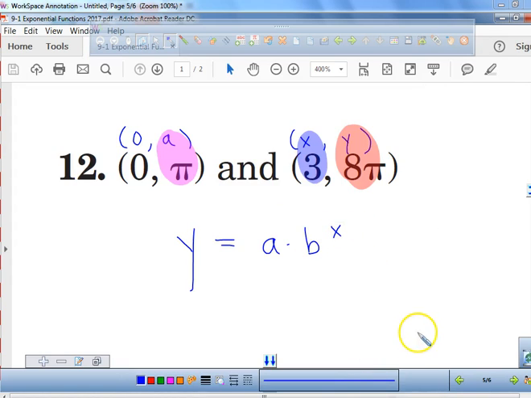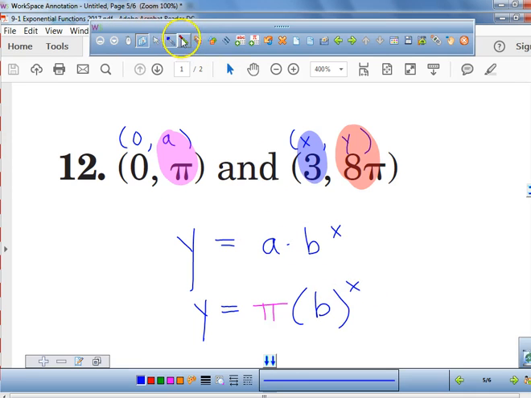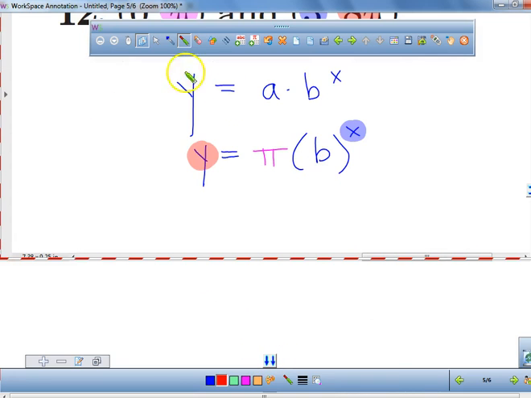All right, so what am I going to plug in for A? What am I going to be solving for? Solving for B. Now, after you plug that in, I simply want you to take the 3 and plug it in right here, take the 8 pi and plug it in right there.